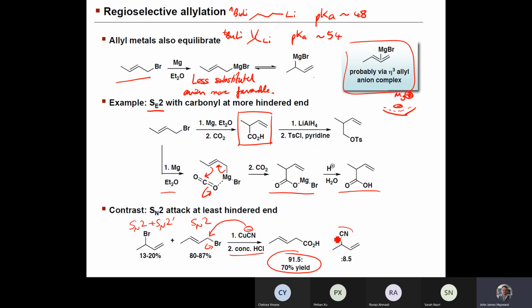And this isn't a typo. Note the less hindered nitrile is preferentially hydrolyzed.